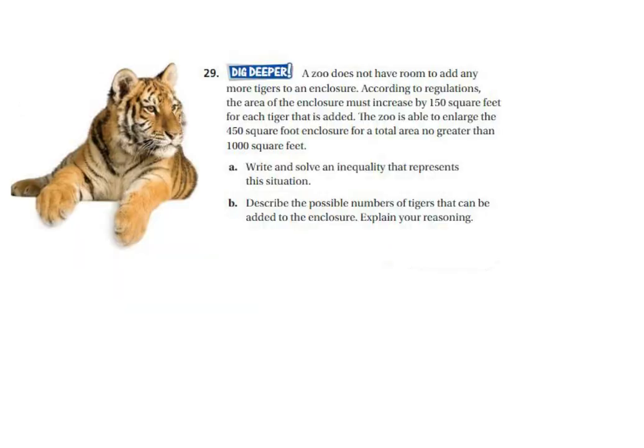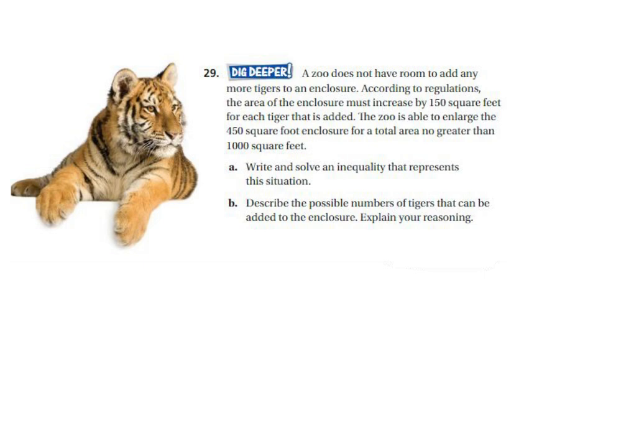Number 29, a zoo does not have room to add any more tigers to an enclosure. According to regulations, the area of an enclosure must increase by 150 square feet for each additional tiger added. The zoo is able to enlarge the 450 square foot enclosure for a total area no greater than 1,000 square feet.